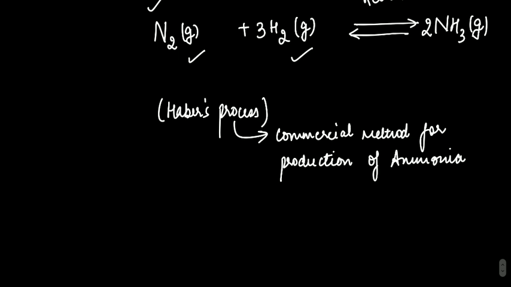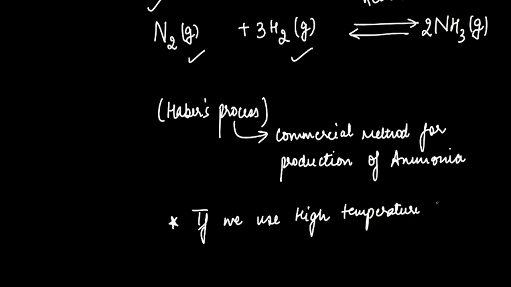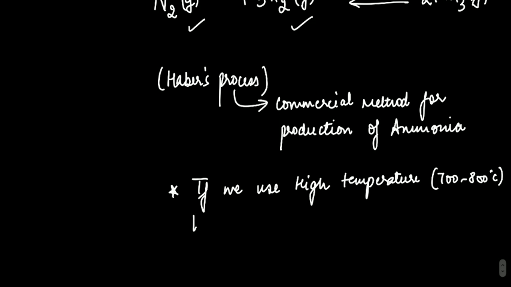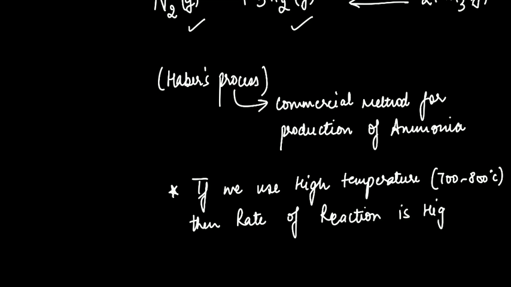For example, if we use high temperature, let's say somewhere around 700 to 800 degrees Celsius, then the rate of reaction is high.